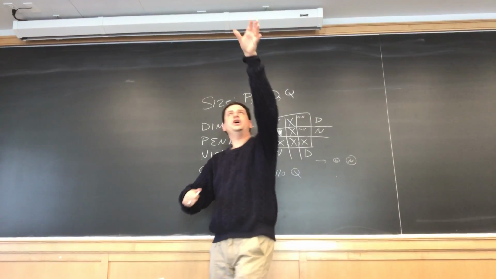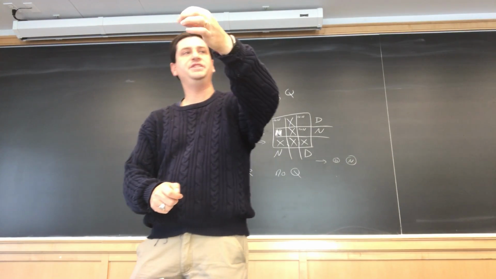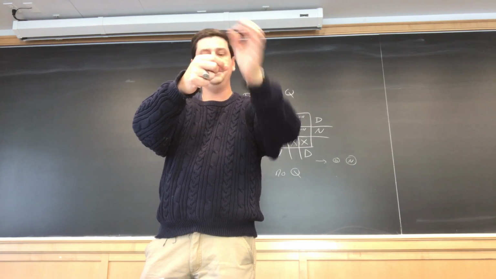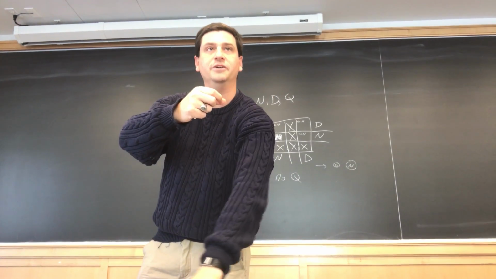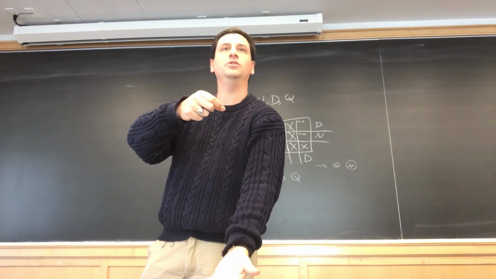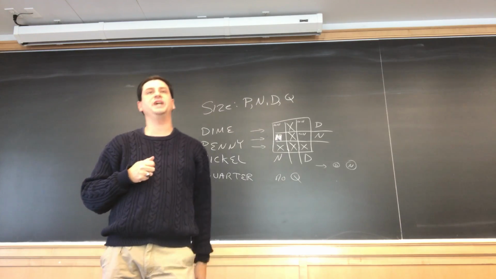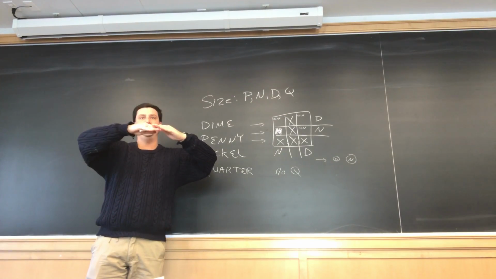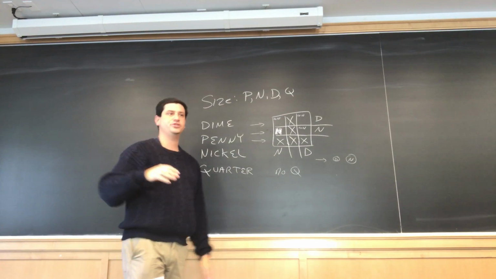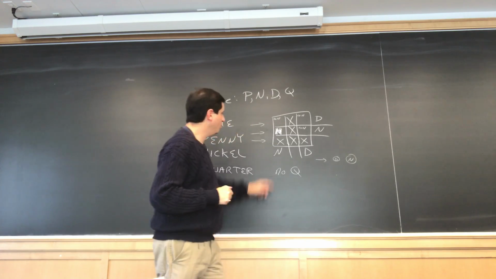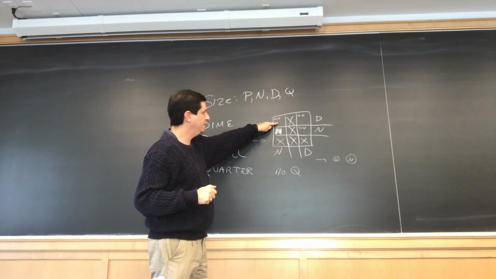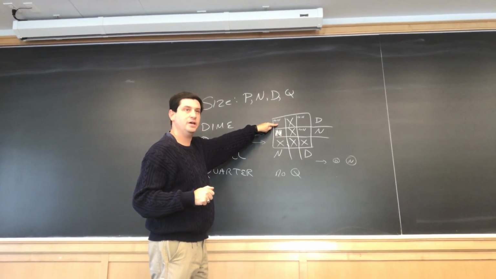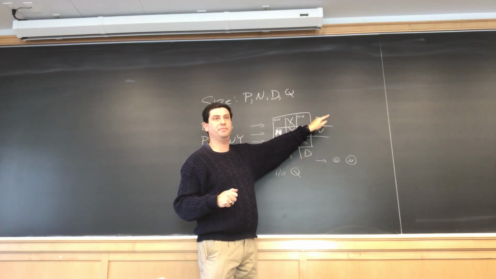Think of it as a light coming down like this. If I have a dime over here and then a nickel underneath, and I look down on the plane, the shadow of the nickel fills up the shadow of the dime. So we can't have a nickel here, because it would block the dime.